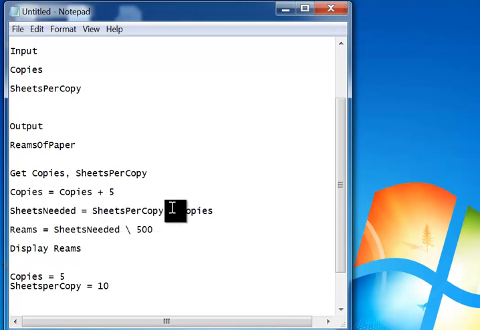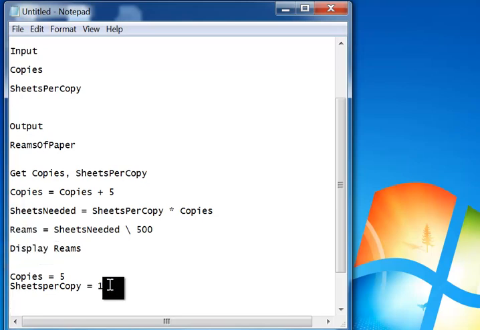Sheets per copy, which we said is 10, times copies, we need 100 sheets. So 100 divided by 500 is going to be, what, 0.5, right? It's going to be a fraction in this case. And because this is integer division, reams will end up being 1, and that's what we actually need.